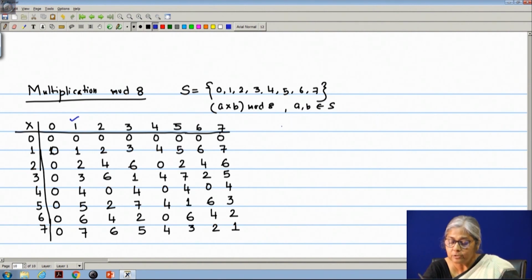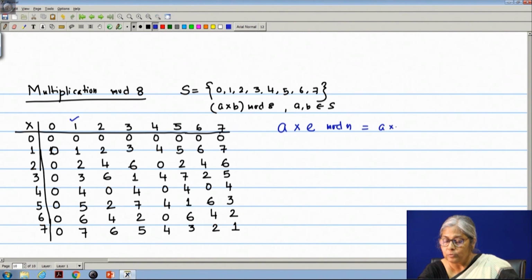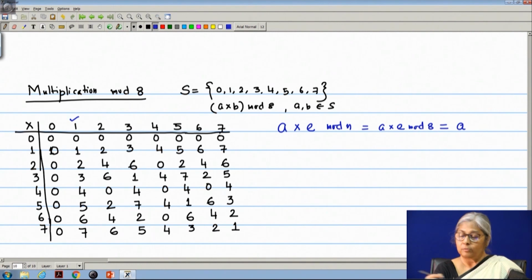So I can write that A into E modulo 8 is A only, that number only.